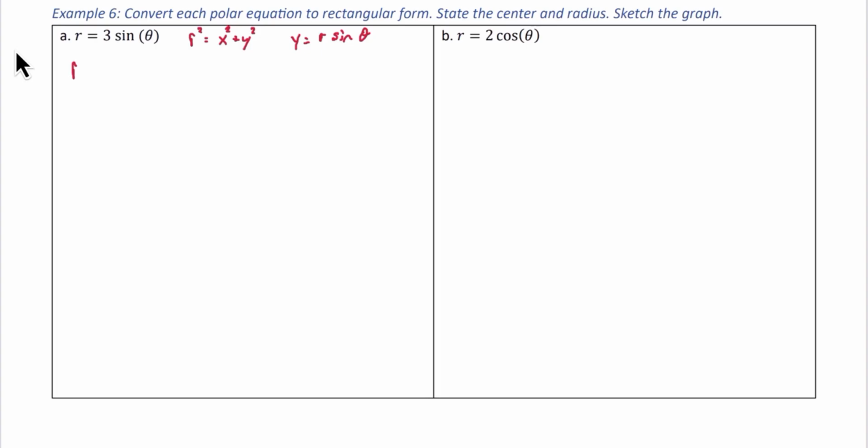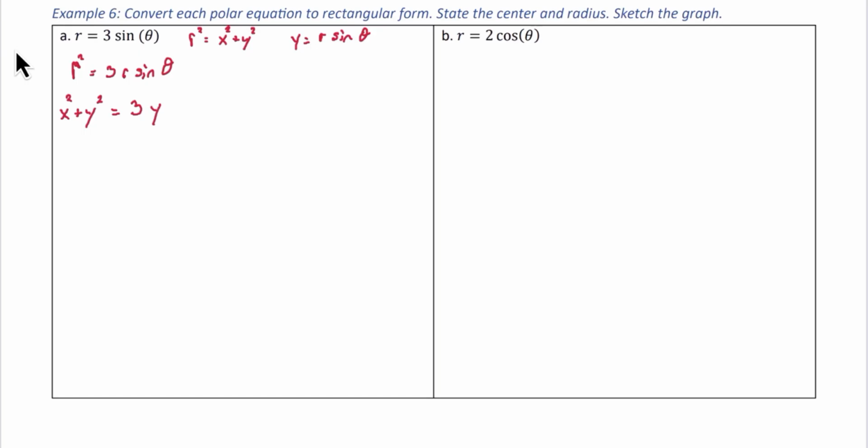So we'll get r squared equals 3r sine theta. Once again, just multiplying by r on both sides. Now r squared is x squared plus y squared, and then we have 3. R sine theta we will replace with y.